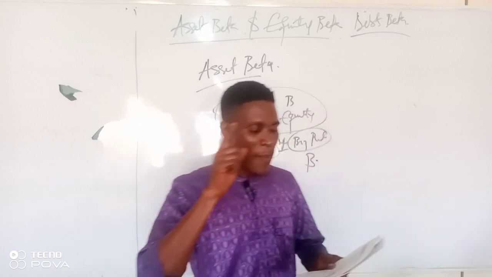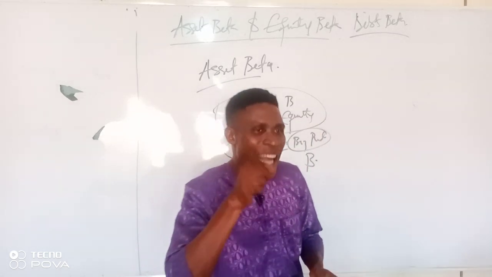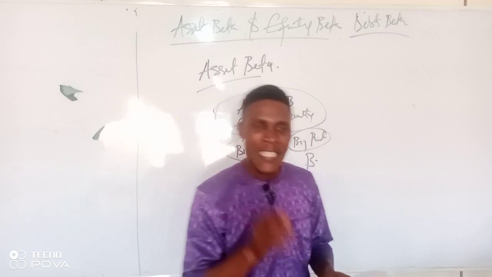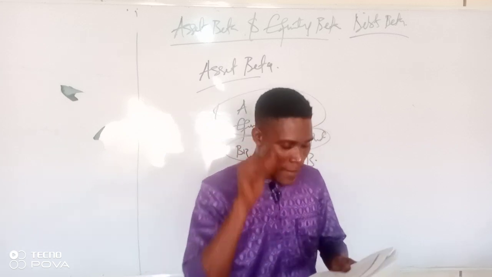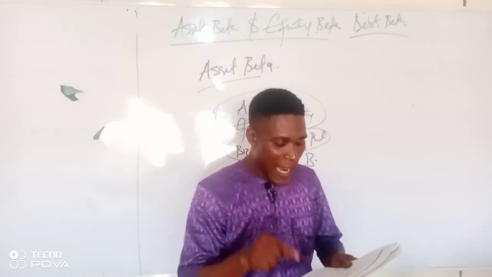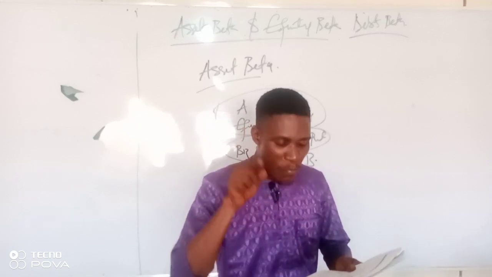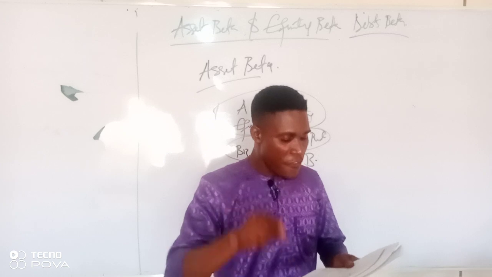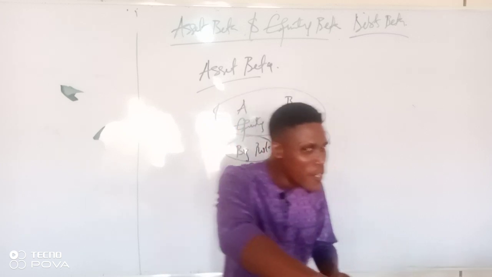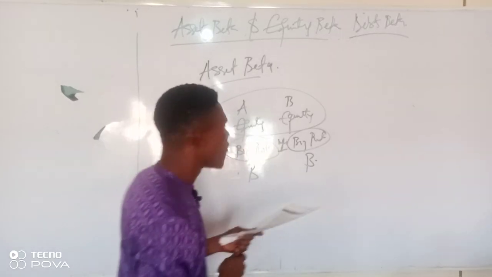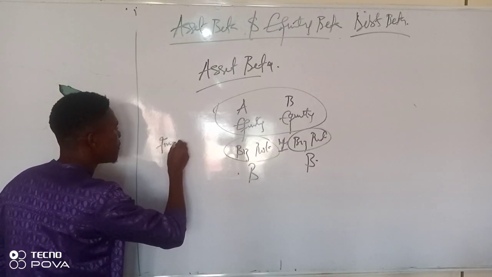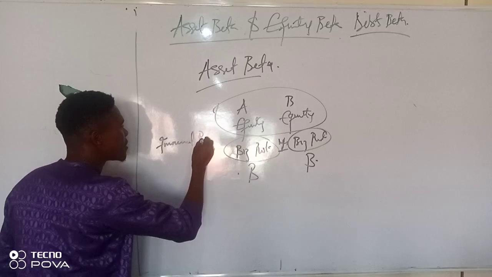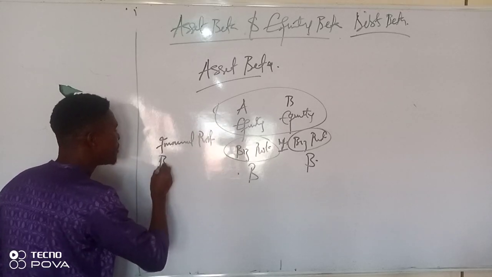Now, what is asset beta? Asset beta looks at business risk. An asset beta is a beta factor that will be applied to a company's asset if financial risk is removed. There are basically two types of risk: financial risk and business risk.